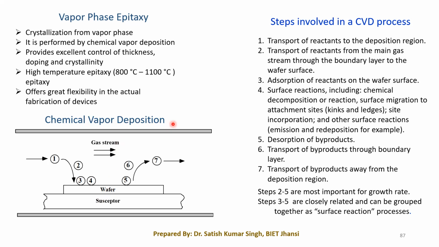It depends on what kind of heating mechanism we are using. It can be RF induction heating, resistance thermal heating, or radiant heating. So a different type of heating mechanism can be there. Whatever the heating mechanism, due to the temperature onto the wafer, when the reactant gases reach the surface of the wafer, a certain reaction is going to take place.